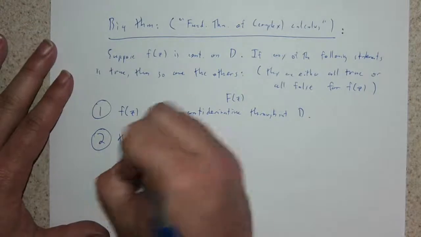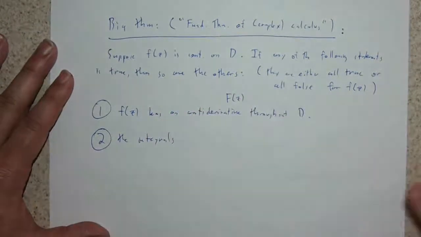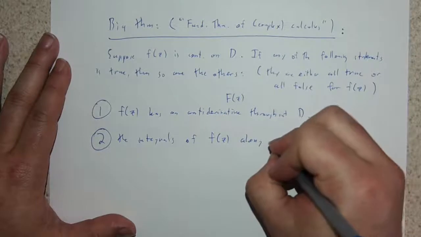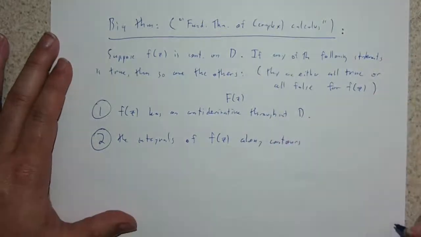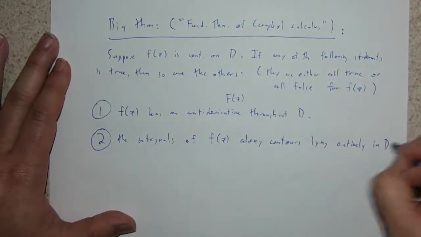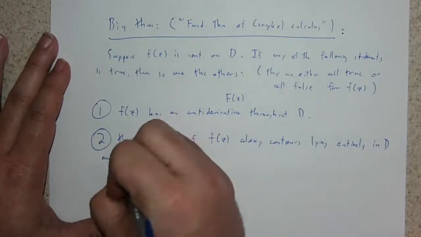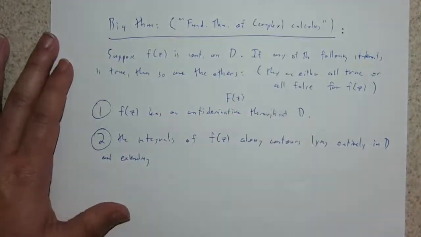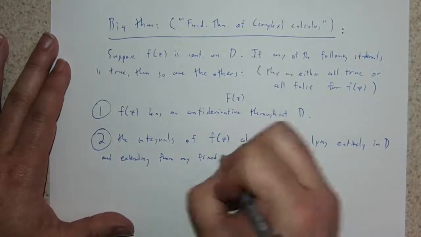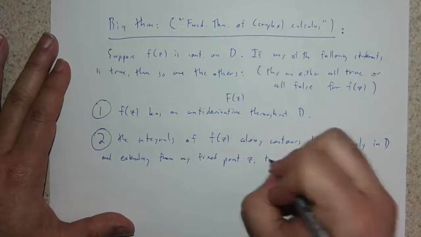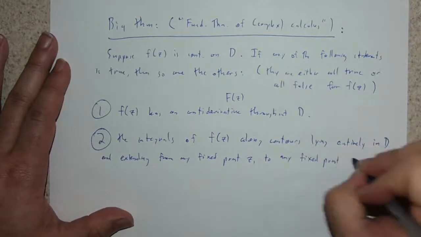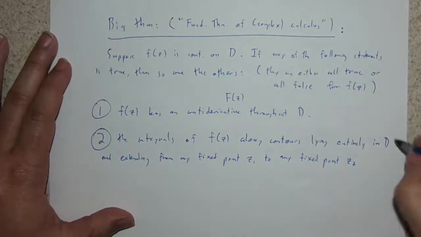The integrals of f of z along contours lying entirely in D and extending from any fixed point z sub 1 to any fixed point z sub 2 all have the same value.